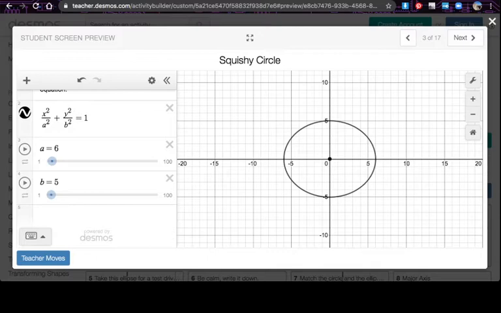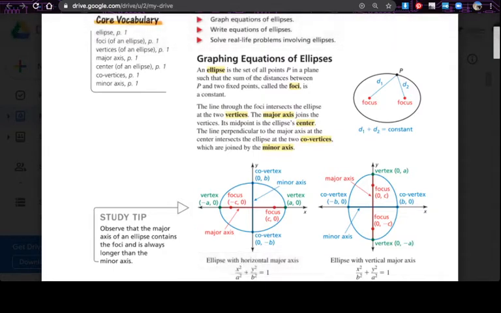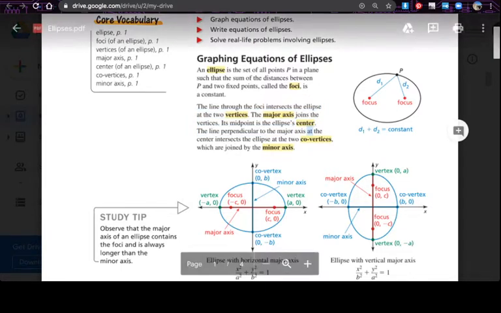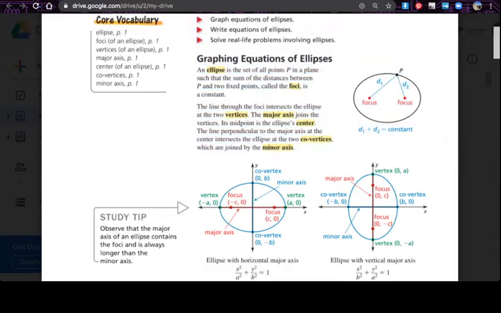If we go to this view right here, this is from the thing I pushed out to you with the notes and the problems. The other thing I wanted you to be able to do is just to learn how you're supposed to read a textbook. So this is the information at the beginning. It's really important information. All this stuff here, graphing equations of ellipses, you really want to read through that and read through it again.